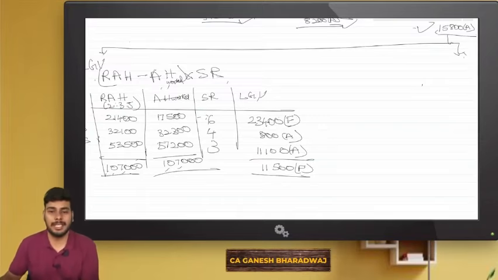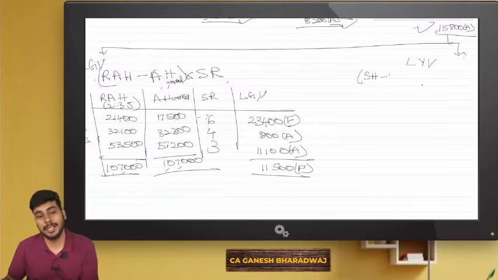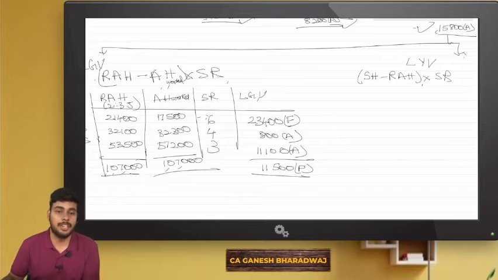So now the other side of this question is going to be what? Labor yield variance, also called sub-efficiency variance. Formula: standard hours minus revised actual hours into standard rate. Fine. So now skilled, semi-skilled and unskilled.